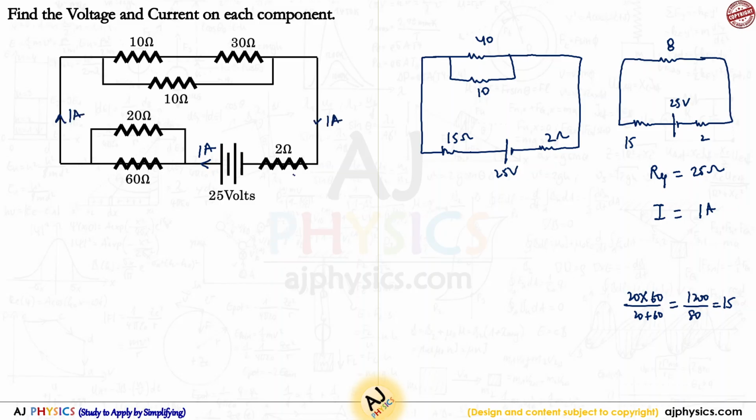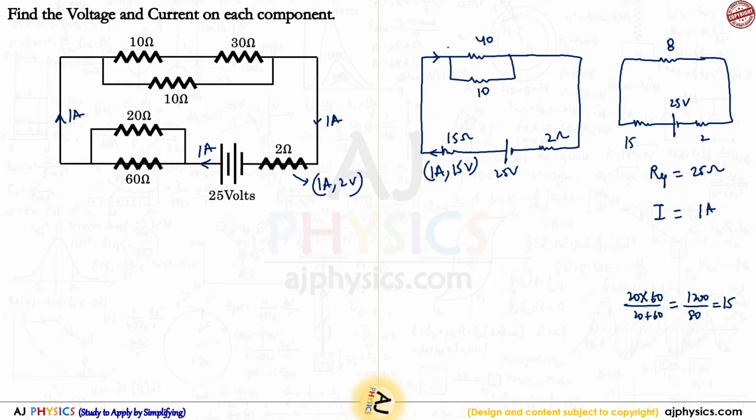This one is easy, so let's solve this. This is 1 ampere and the voltage will be 2. Let's get to this one. The circuit, 1 ampere current will pass, and the voltage will be 15 volts on this. Okay, that is 15 volts.